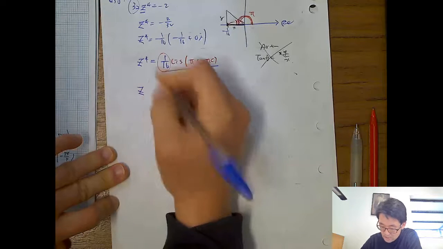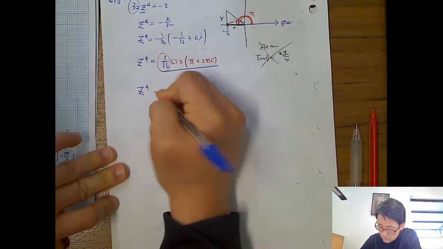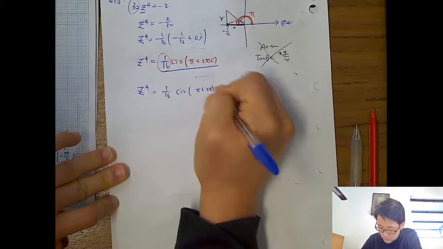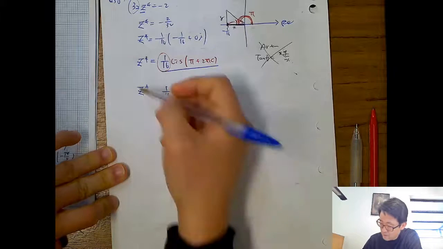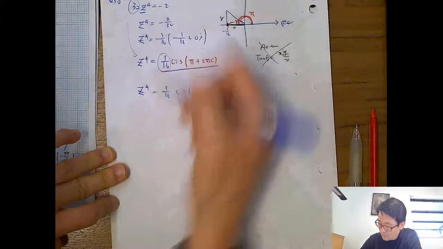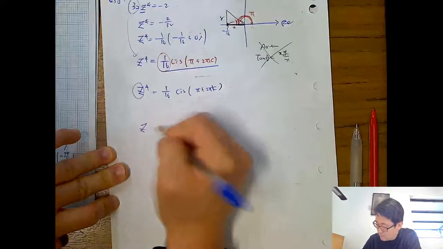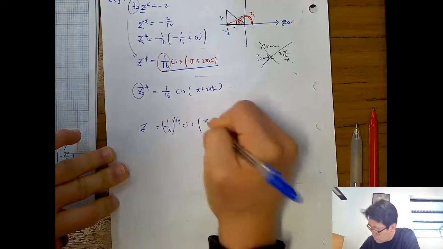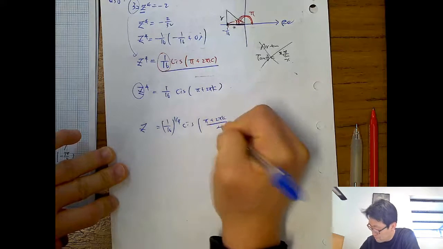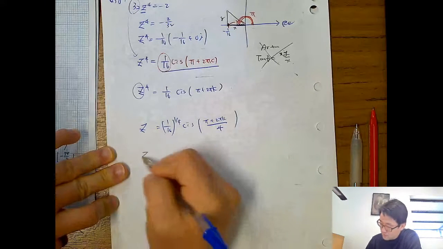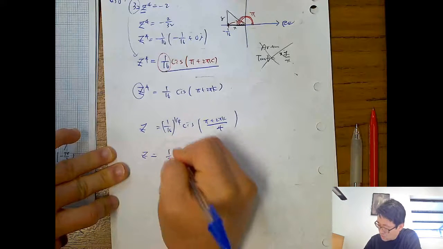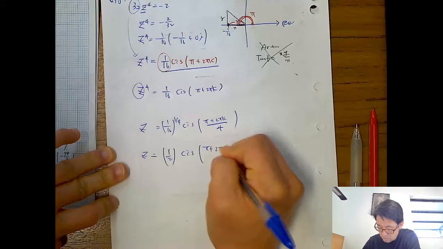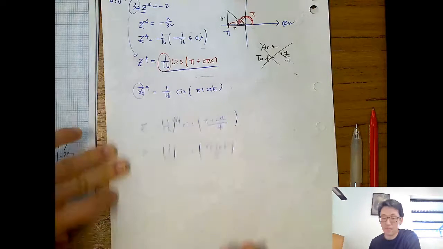And z, just write this down again. What do you need to do next? Eventually, after we change to polar form, we want to know z. z to the power 4 equals 1 over 16 cis pi plus 2 pi k, so z equals 1 over 2 cis of pi plus 2 pi k over 4.